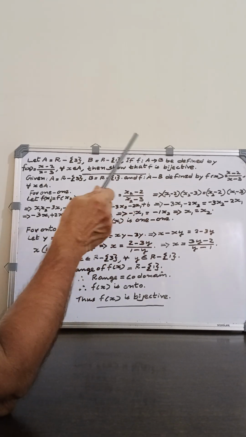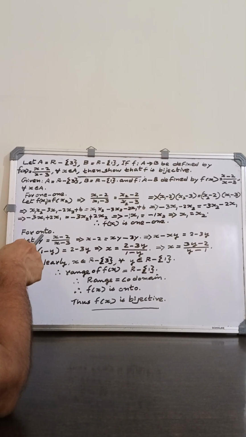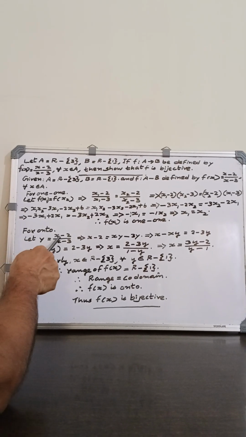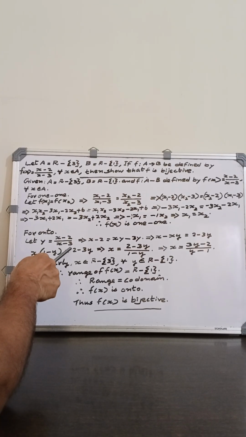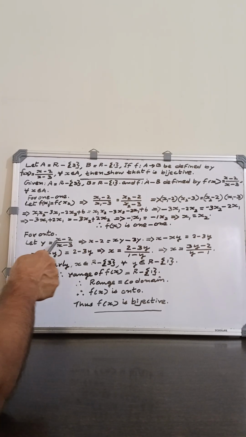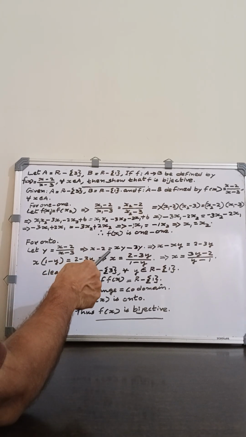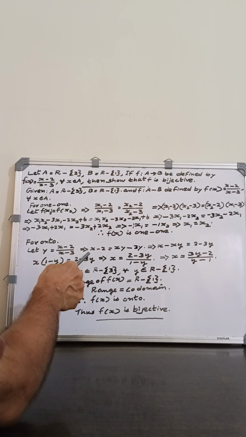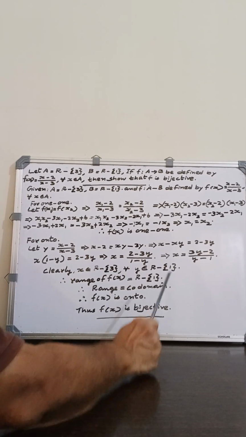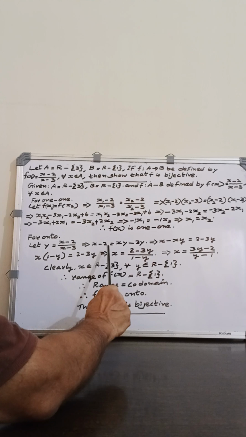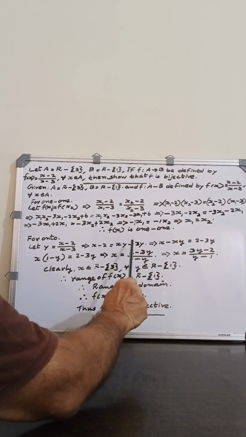Next, we are going for the check of f for onto. Let y equals (x − 2)/(x − 3). Therefore, x − 2 equals y into (x − 3), that is xy − 3y. x − xy equals 2 − 3y.